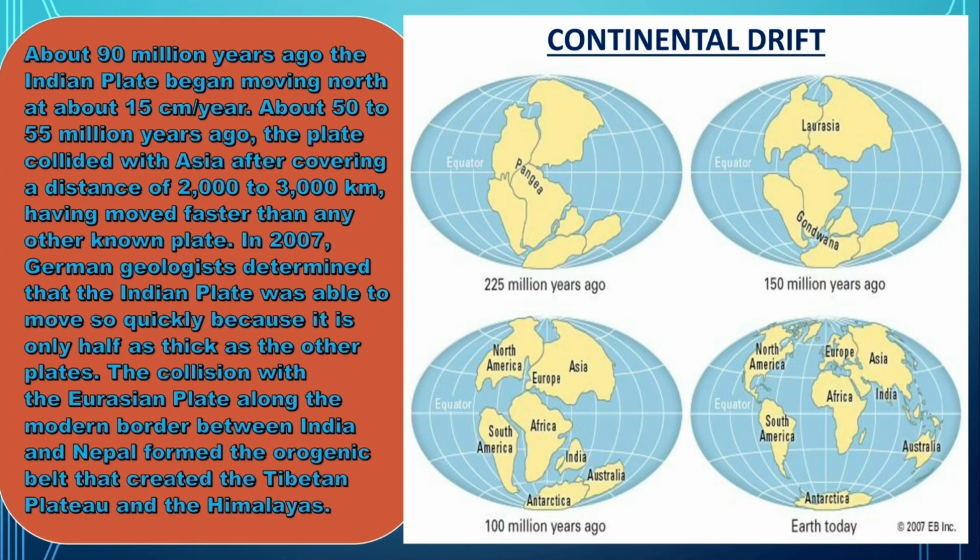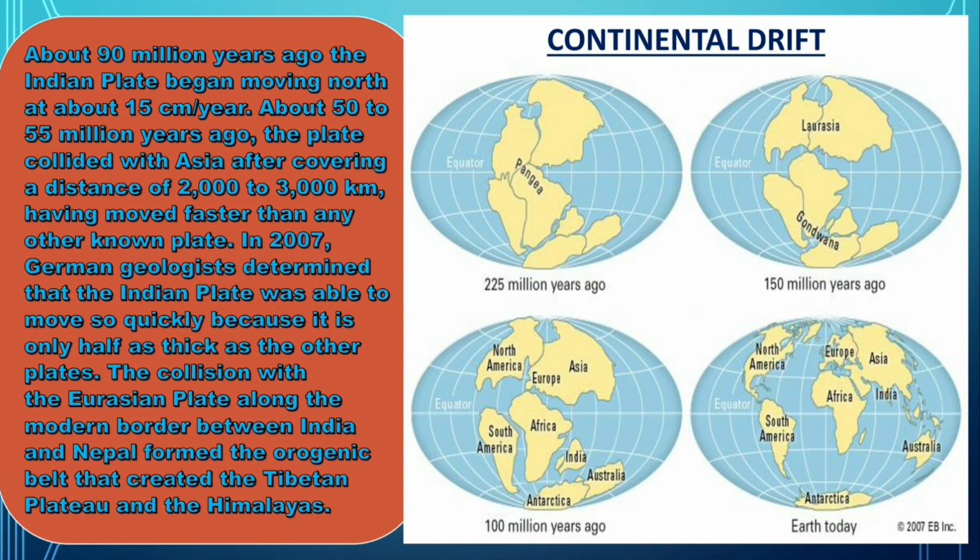About 90 million years ago, the Indian plate began moving north at about 15 centimeters per year. About 50 to 55 million years ago, the plate collided with Asia after covering a distance of 2000 to 3000 kilometers, having moved faster than any other plate.